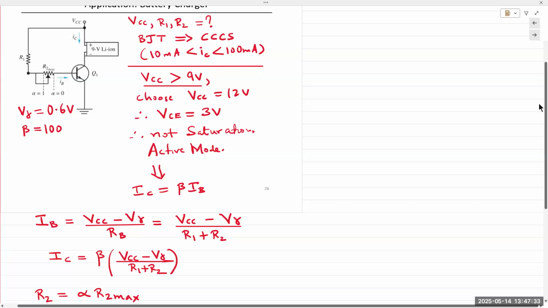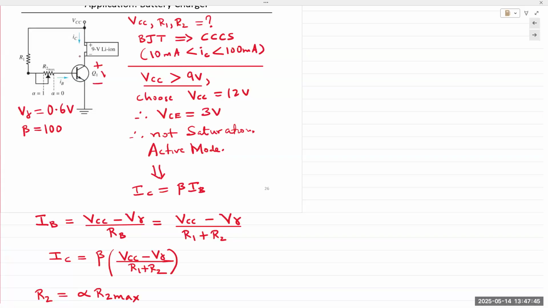Again, your battery is directly connected to the collector. So if the transistor is in saturation, VCE would be about 0.2 volts. So your VCC to keep the transistor in saturation would be 9.2 volts, which means practically your circuit may not work.